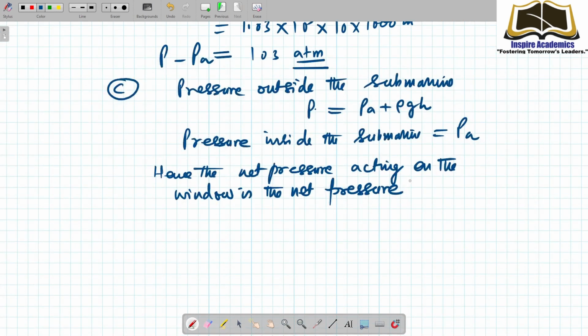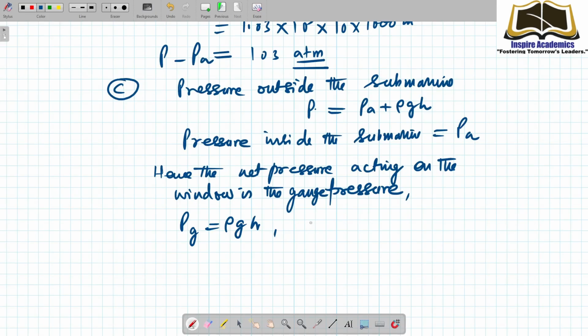So how much is the net pressure? Net pressure is the gauge pressure. We can say the net pressure is the gauge pressure. So gauge pressure, okay. So we can say PG is rho gh.